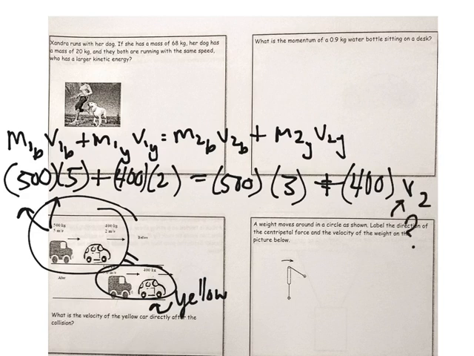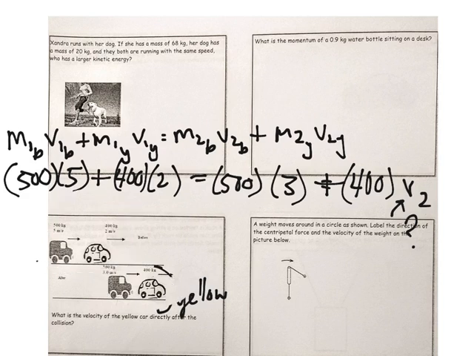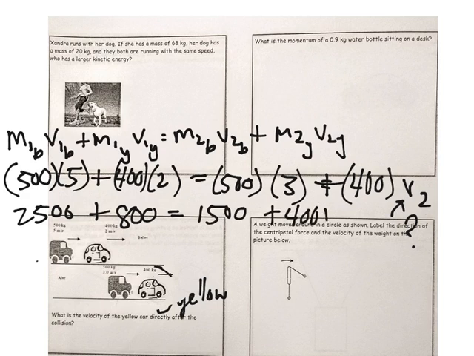So now it's just kind of a big math problem. It's all addition for the most part. So this is 800, it's 250, and that's equal to 1,500 plus this 400v squared. This is 330 equals 150 plus 400v squared.